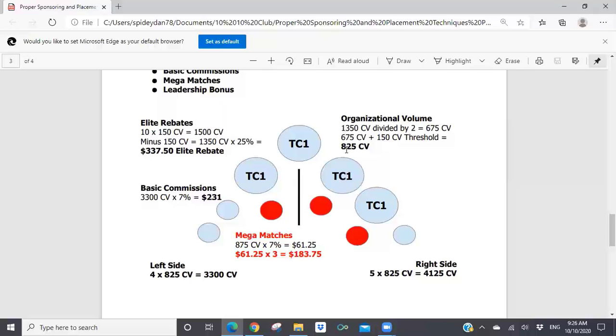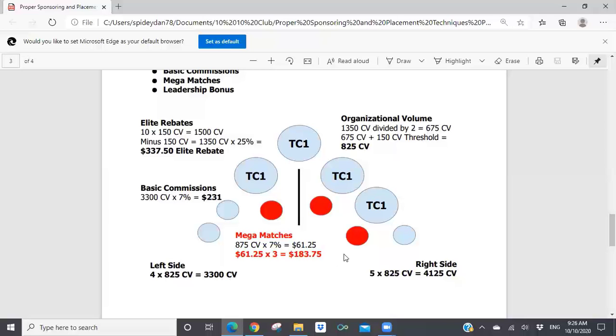Well, in this case, it would be 825 CV. If I've got 4 active distributors, one that I personally sponsored on my left side, but the other 3 are active distributors who have built it, and they've created organizational volume of 825 CV, I take 4 times that, which creates 3,300 CV of organizational volume.